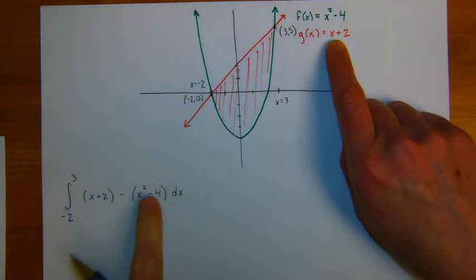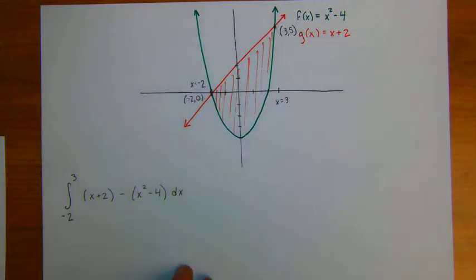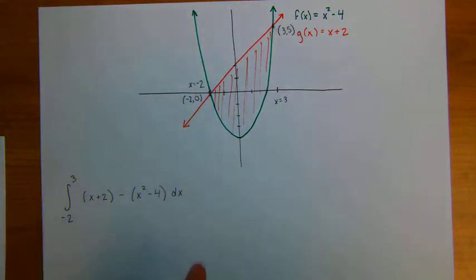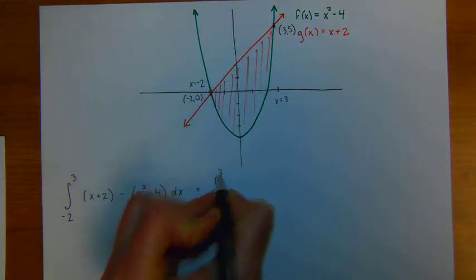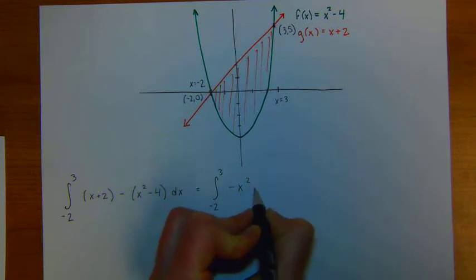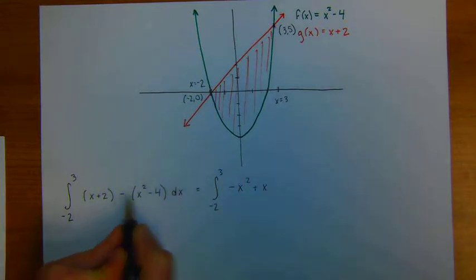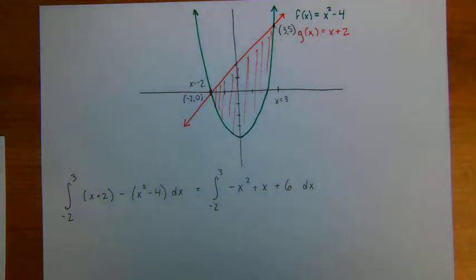And notice we could have written this as two separate integrals and taken the difference of those integrals. This just saves us a little bit of notation. So working forward, doing calculus, we can see that this is just negative x squared plus x, 2 minus negative 4 is 6 dx.